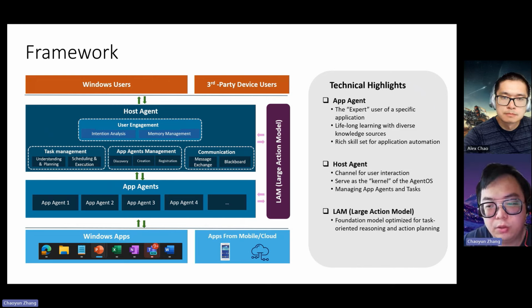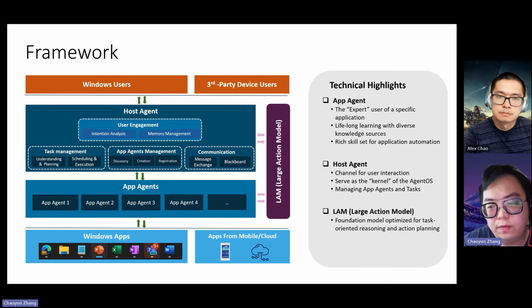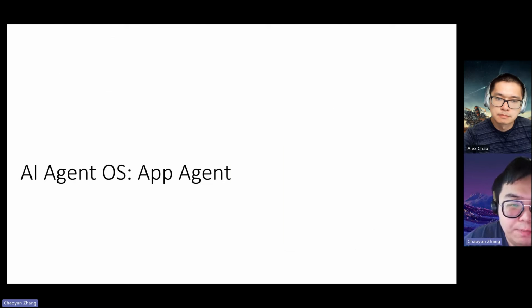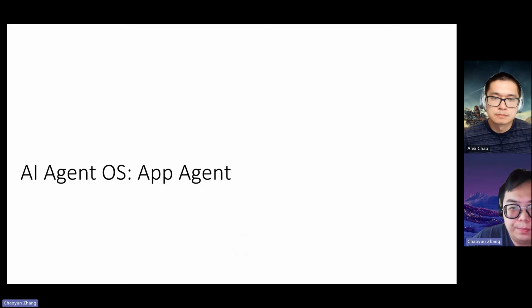So it's a foundation model that was optimized for this action execution task, and also for action planning, and it's much faster and hopefully it can serve on a local computer, so as to reduce any privacy concern. So let's begin with the app agents.